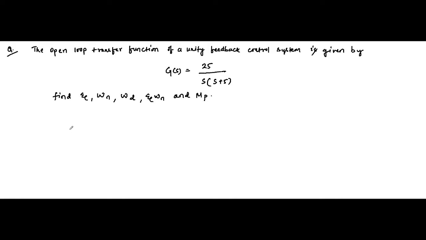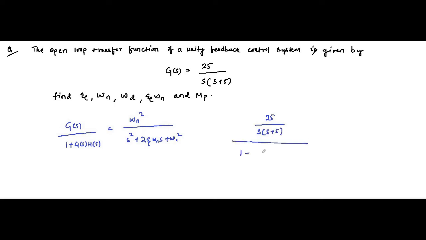So we know that the general format of a second order system closed loop is expressed as this: G(s) by 1 plus G(s)H(s) is equal to omega n square by s square plus 2 zeta omega n s plus omega n square. So here, G(s) by 1 plus G(s)H(s) is 25 by s into s plus 5 by 1 plus G(s)H(s).